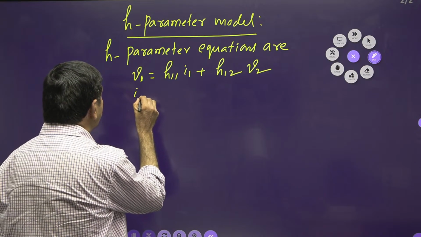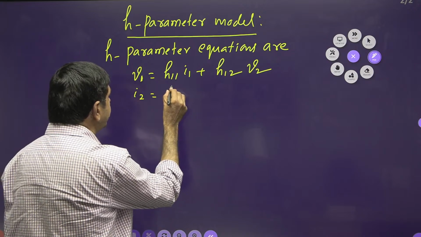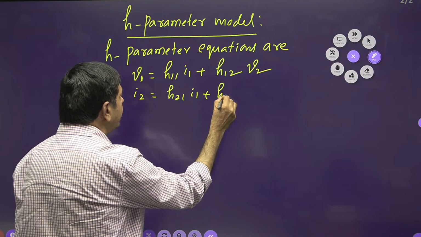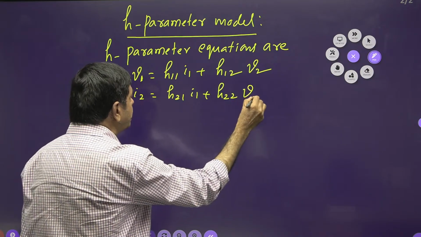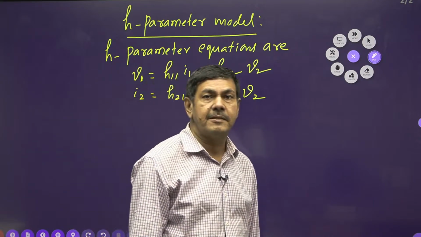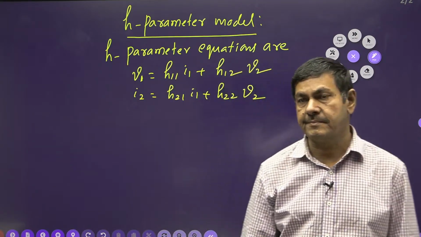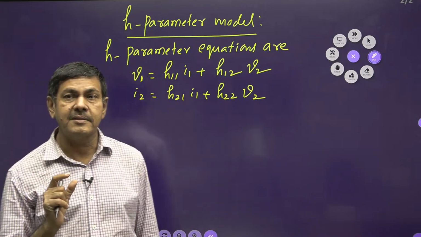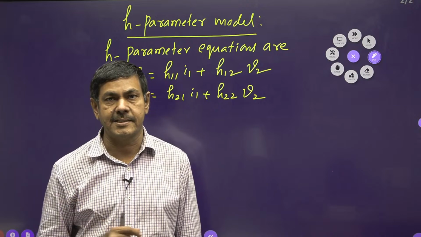And I2 equal to, we know very well from the networks, H21 into I1 plus H22 into V2. These two are to be taken as the H parameter equations. But H11, H12, H21, H22, we generally use in network analysis.